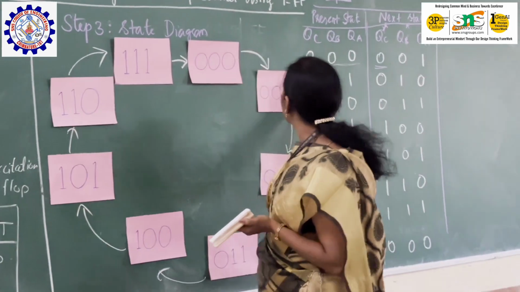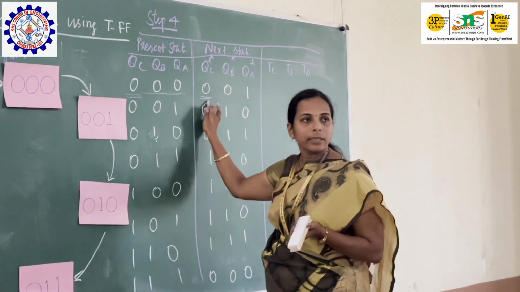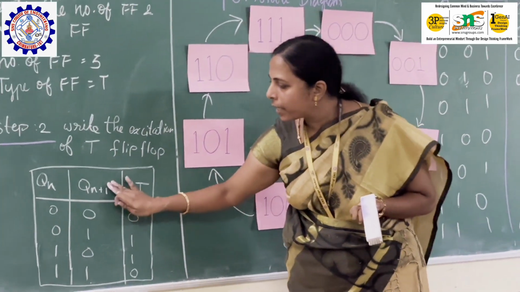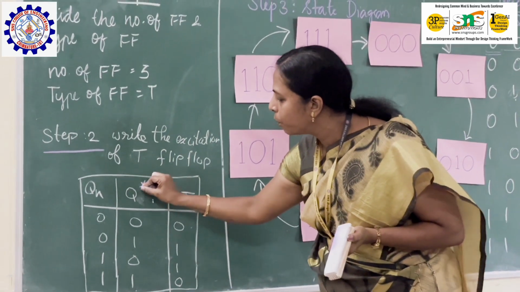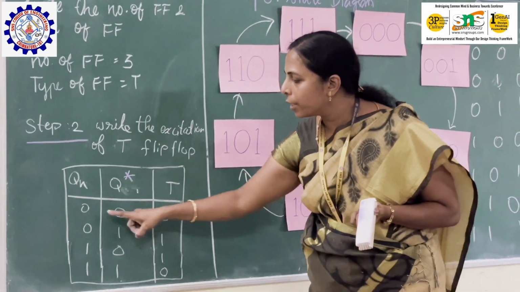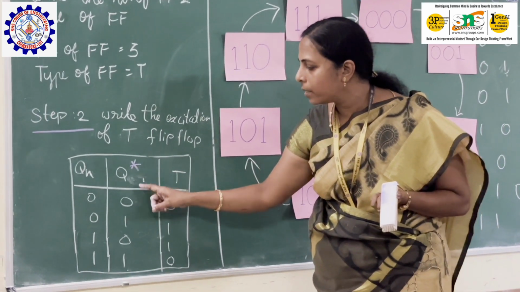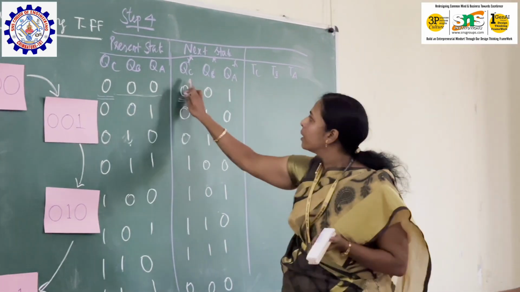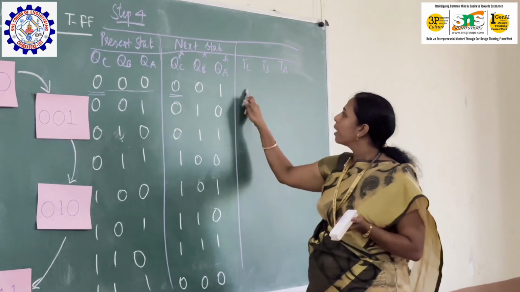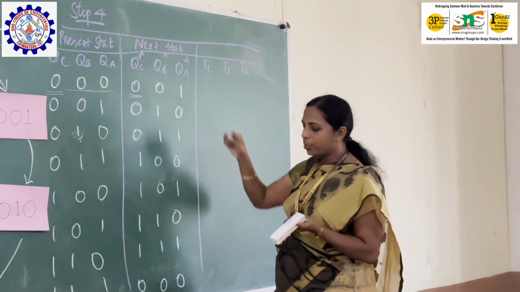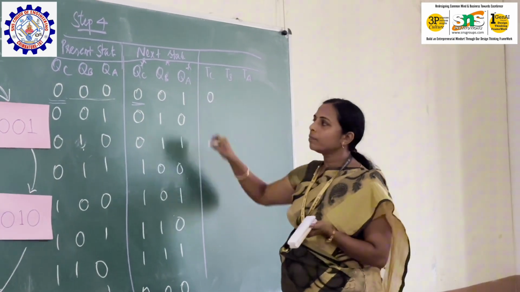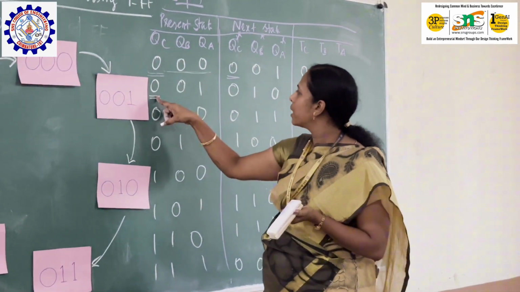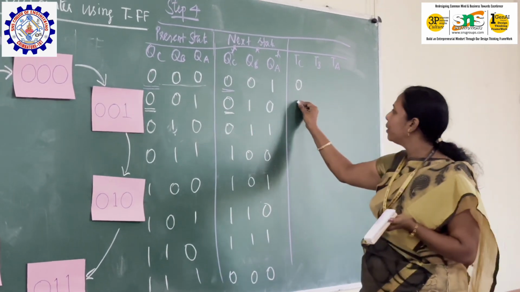Now what will be the value of T? Present state is 0, next state is 0. Let me mention here Q star. So if Q is 0 and Q star is 0, then T will be 0. Here it is QC, so across TC I will mention 0.